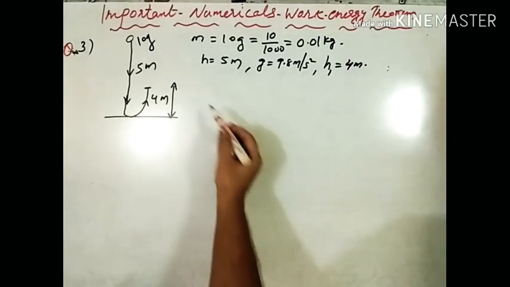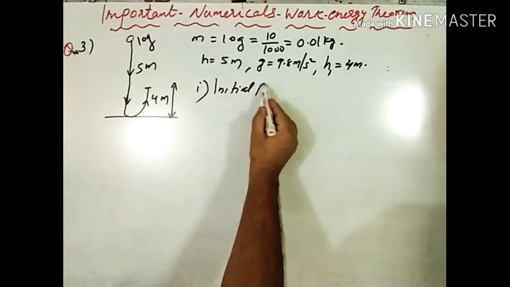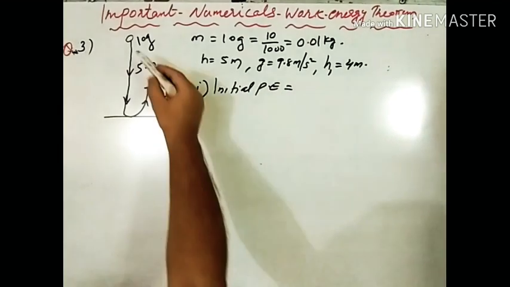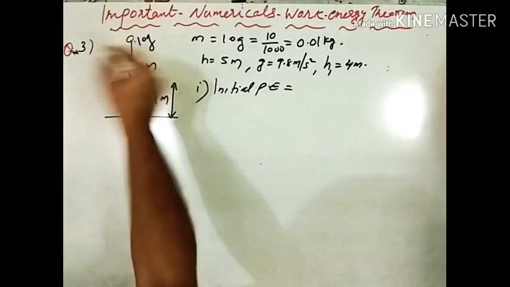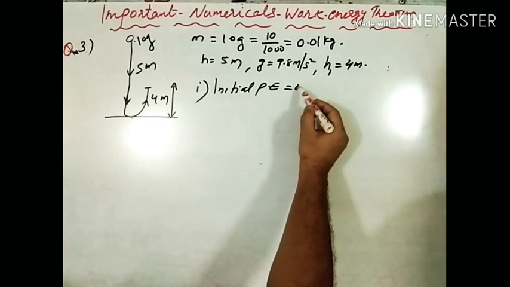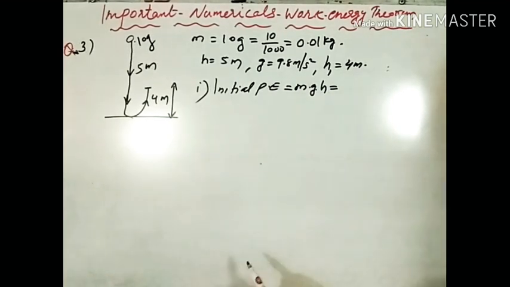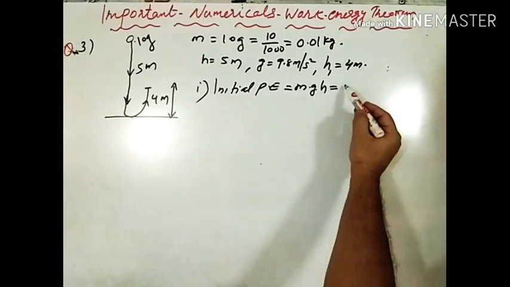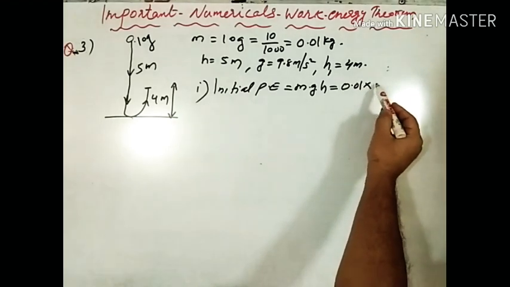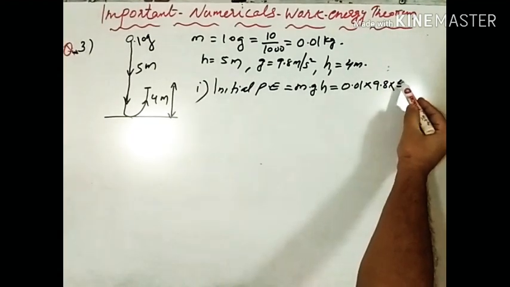The initial potential energy of the ball. What is the initial PE? Initial potential energy when the body is at a height of 5 meter, resting at the height of 5 meter. So I can write mgh, direct application of the formula. That's equal to mass is 0.01 into g is 9.8 into height is 5 meter.